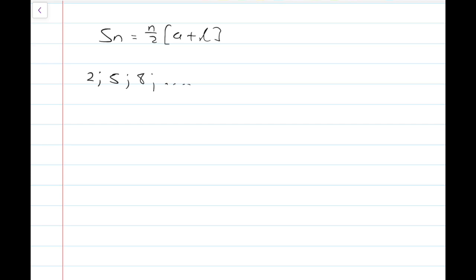So 44 is what we're going to put our last term as. Right, so that's what our last term is.